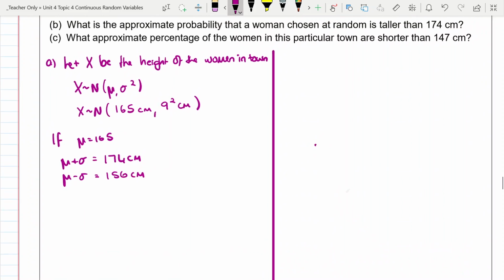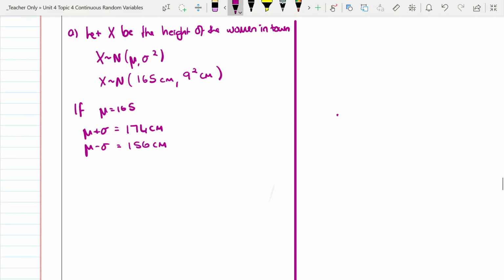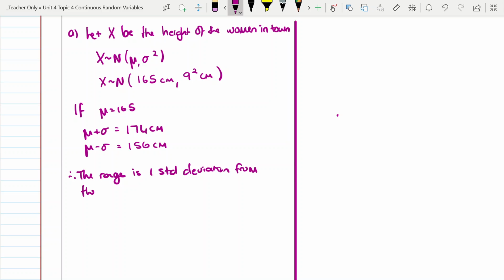All right. So in that question, they're saying between 156 and 174. What they're actually saying is within one standard deviation of the mean. So what we're going to say is, therefore, the range is one standard deviation from the mean.